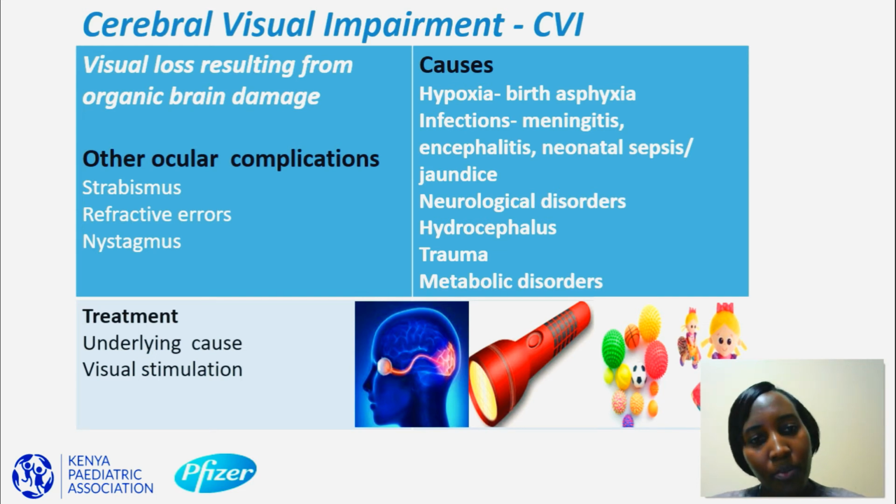So the outcome is variable, but treatment involves visual stimulation using light, like from a torch as shown in the picture, and using bright colored objects, especially those that have dazzling light. You stimulate the eyes, and based on the plasticity of the brain, you're able to stimulate some of the nerves and recover some of the vision.